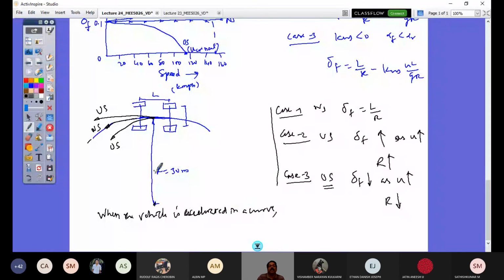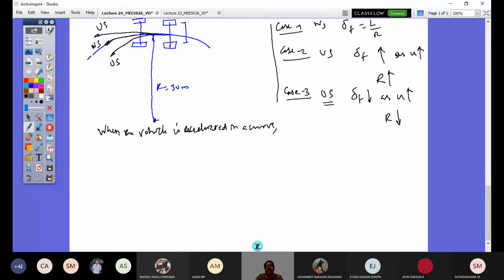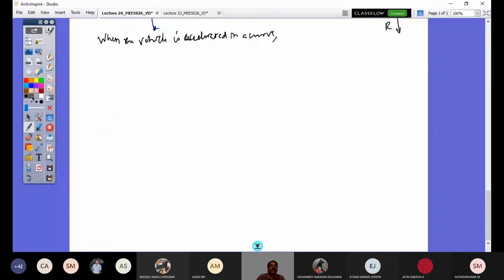What is happening to the turning radius is what you are able to see from this understeer gradient. You can also look at this from another perspective. This is the vehicle which goes in a curve. If the vehicle is going straight, what would happen if it is acted upon by a sudden side force?